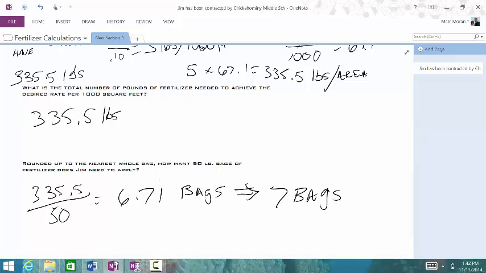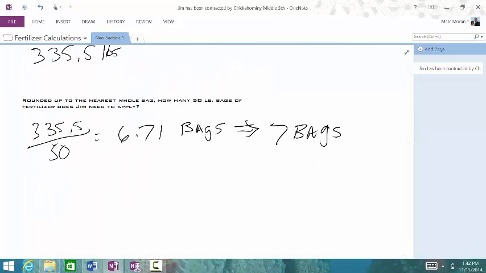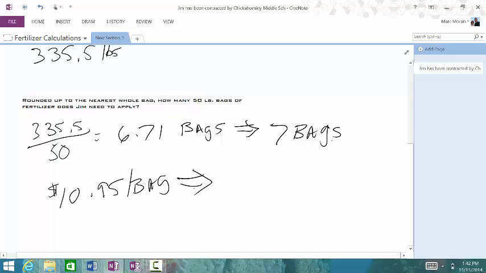Now, if I were to take this another step further, if I asked the vendor to sell me that amount of fertilizer, I need to know how much it costs. Well, if it's $10.95 per bag, then we can do the math on that.